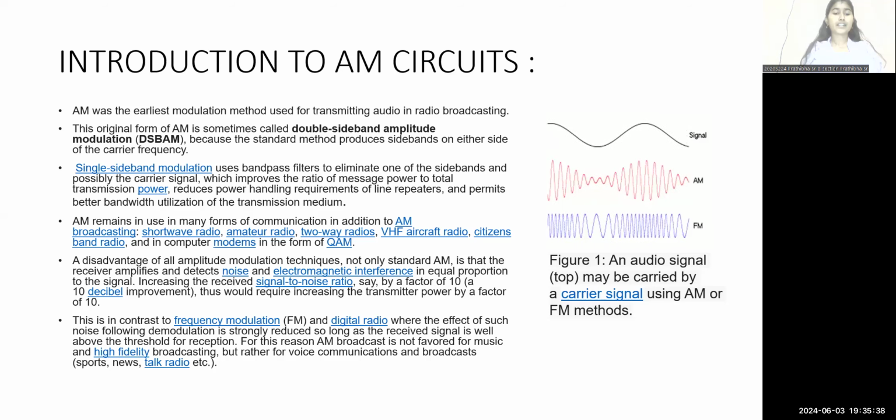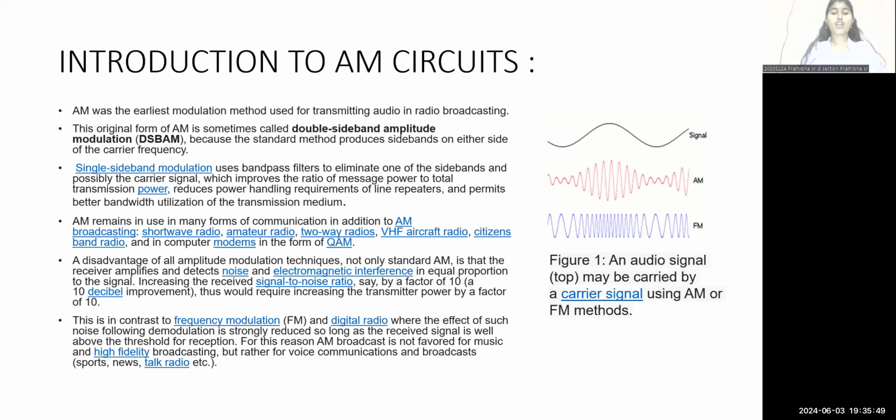This is in contrast to frequency modulation (FM) and digital radio, where the effect of such noise following demodulation is strongly reduced so long as the received signal is well above the threshold for reception.